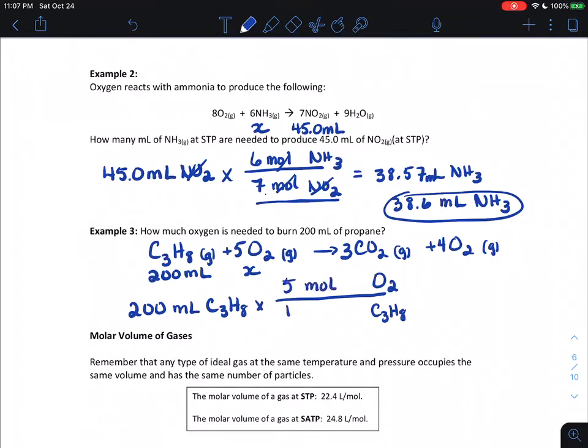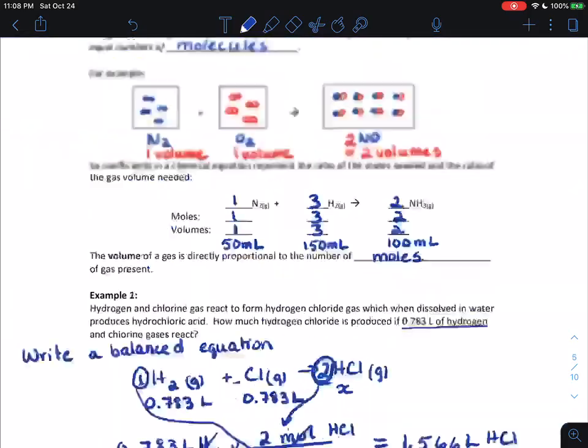And then what I'm going to do is just write in my coefficients. And this turns out to be basically 1,000 mils, which to the correct number of significant digits is going to be 1.00 times 10 to the 3 milliliters, or 1.00 liters of oxygen.